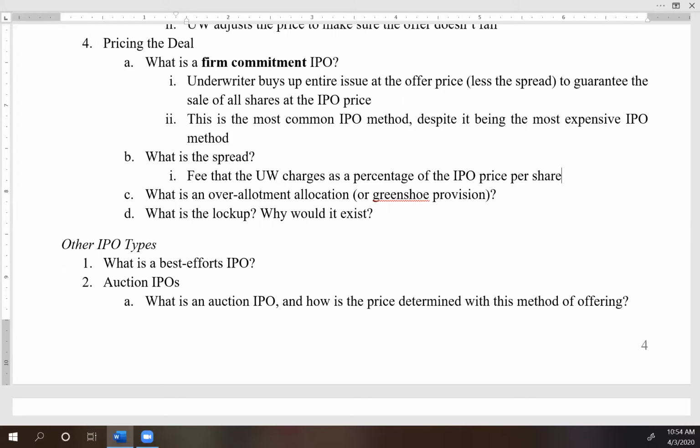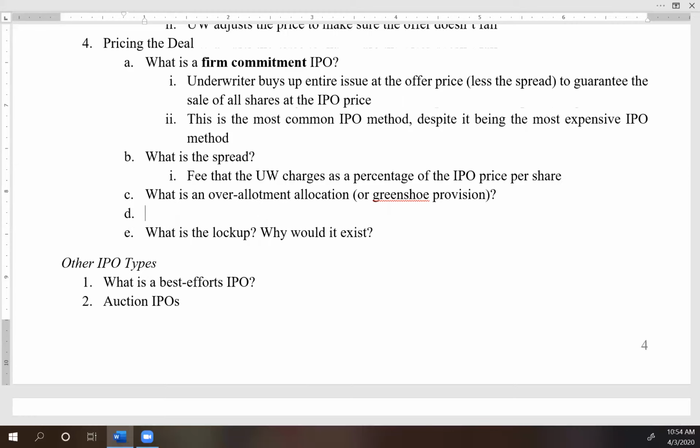Now, part of what may be built into the issue is an overallotment allocation, which is also referred to as a green shoe provision. What this overallotment allocation does is it allows the underwriter to actually issue more shares in addition to what's actually in the final prospectus.